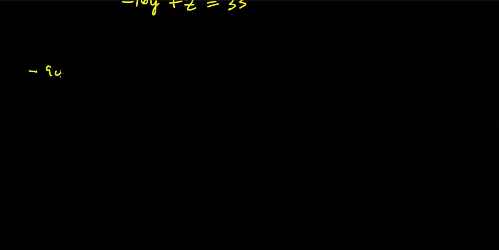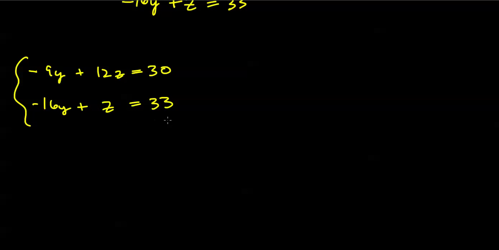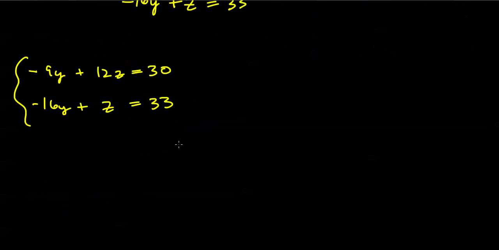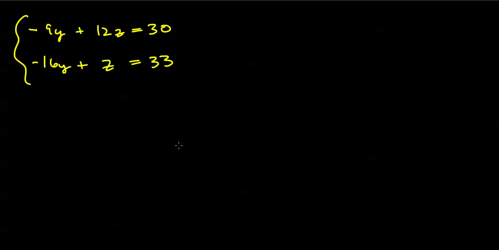Minus 9y plus 12z equals 30, and minus 16y plus z equals 33. Let me make sure I copied it right. Okay, looks good. Alright, let's solve the resulting 2 by 2.